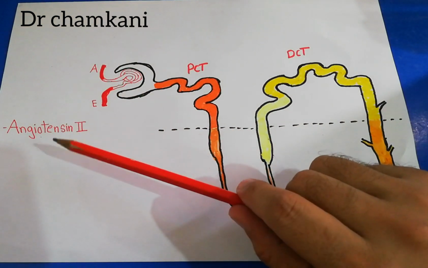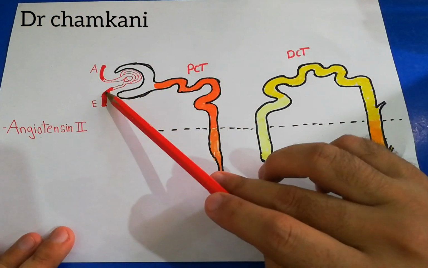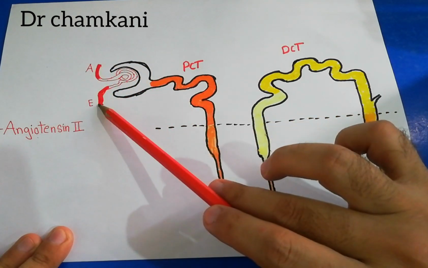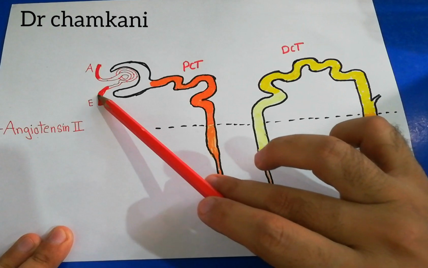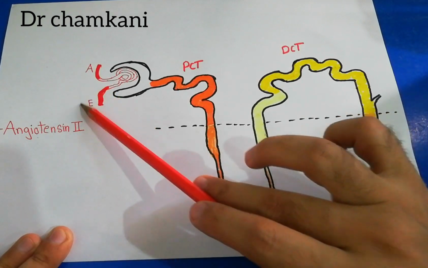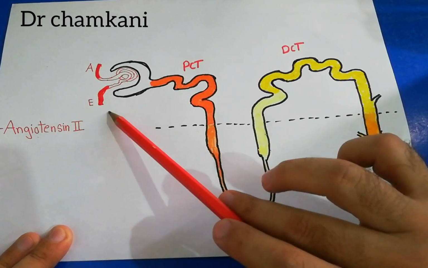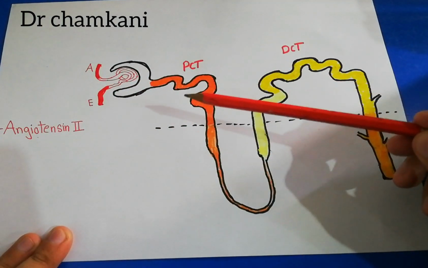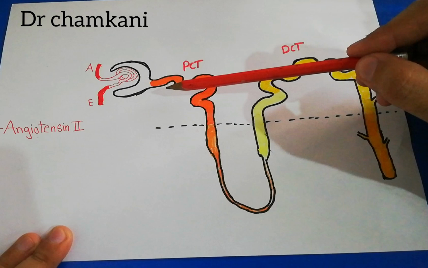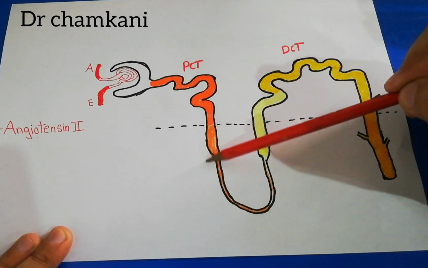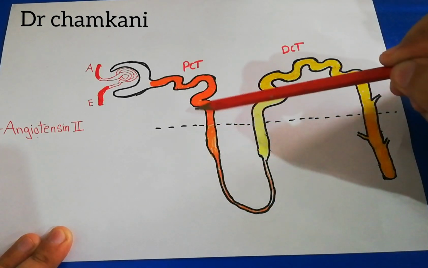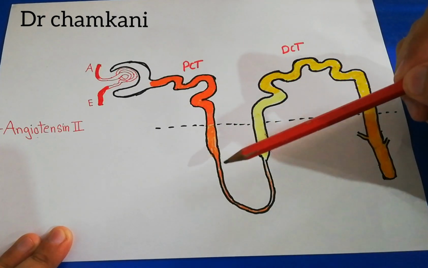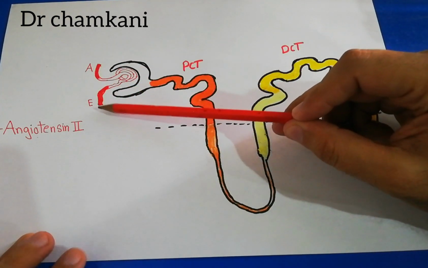Another important role of angiotensin 2 is the constriction of the efferent arteriole. So here we have the afferent arteriole, here we have the efferent arteriole. When angiotensin 2 acts on the efferent arteriole, it gets constricted, and due to this constriction, the hydrostatic pressure in the capillaries present around these tubules, known as peritubular capillaries, decreases.